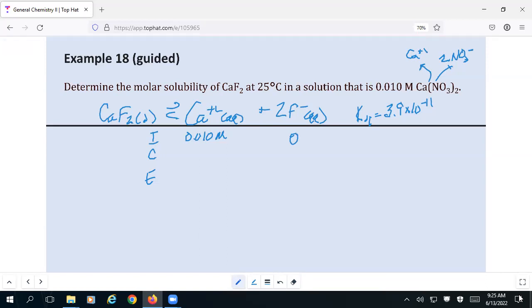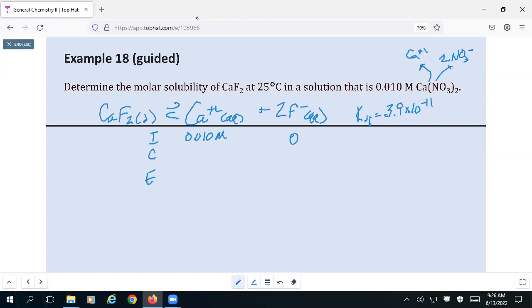Just keep in mind, and this is probably more important when we look at anions that are common, if the ratio is 2 to 1, we just have to make sure that we double before we put it into the expression. In this case, it didn't matter. We get 1 calcium for every calcium nitrate, so the starting concentration is exactly the same.